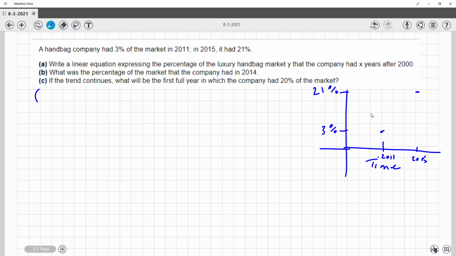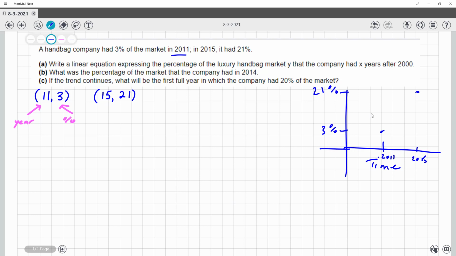Meaning, I am going to make, as you can see here with the time, 2011, 11, and then 3%, and then my other point here, 2015, at 21%. So again, this is the year, and this is the percentage.